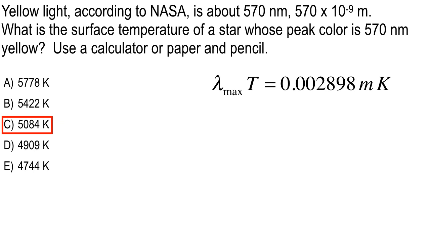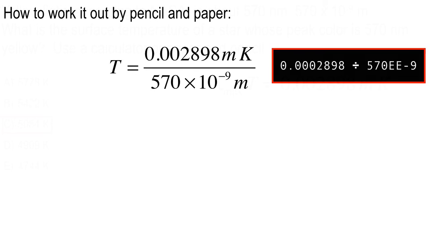All right, now, here's the calculation that you want to do. You want to divide both sides by lambda max, and that gets T by itself. Now, if you're trying to figure out the temperature, this is how you do it. You go 570 times 10 to the minus 9. Now, that's not true scientific notation, but it's good enough for government work because we're in the middle of a calculation.